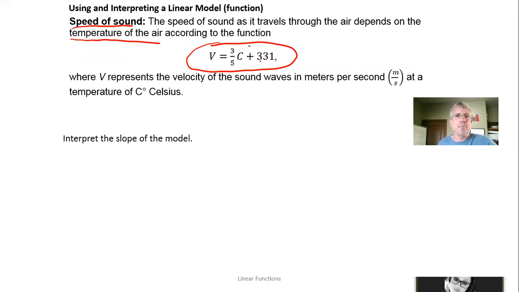And who can tell me why the speed of sound through air depends on its temperature? Don't let the math guy defeat the science majors. Come on, science majors. Why does speed of sound in air depend on air temperature? It depends on other things too, but one of the things it depends on is temperature.